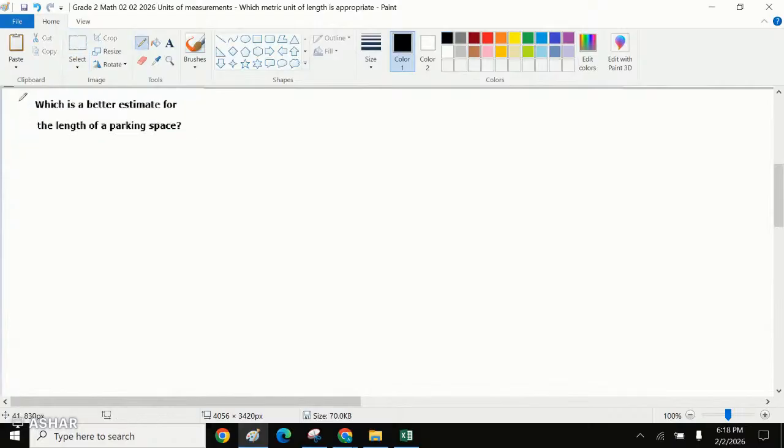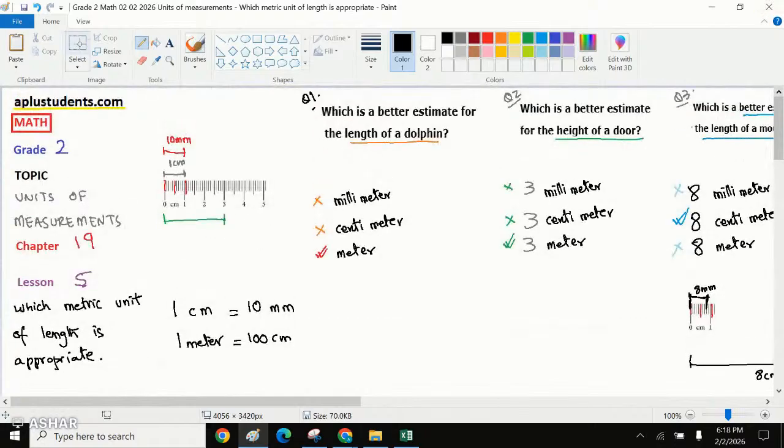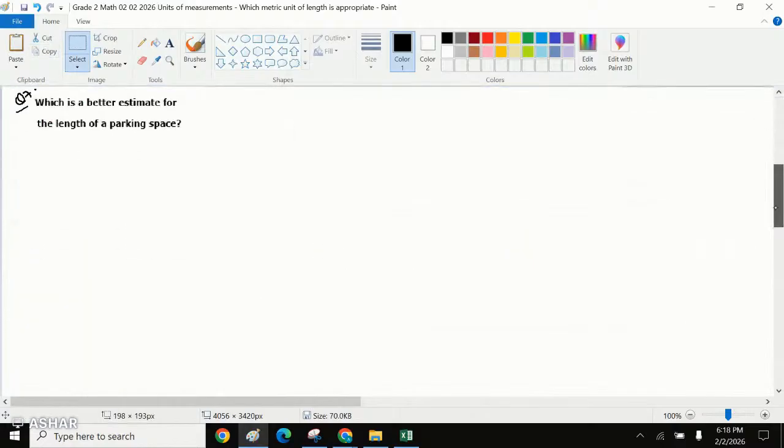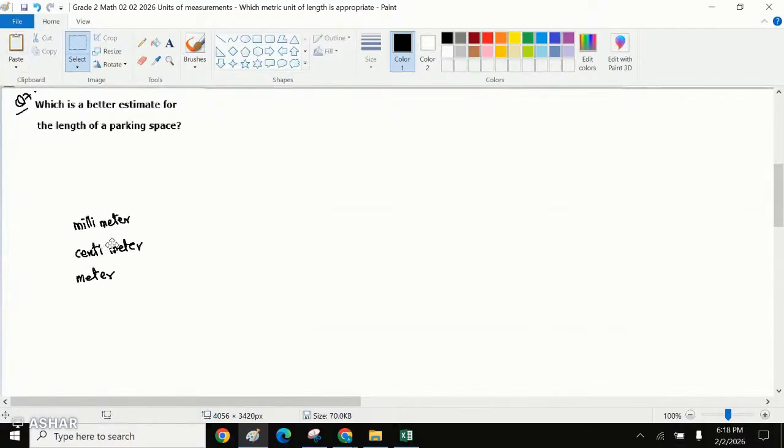The question number 7 states that, let me just copy it from the top so that I may reuse it. Okay. Can the length of the parking space be 6 millimeters, 6 centimeters, or 6 meters? What is a better estimate for the parking space?